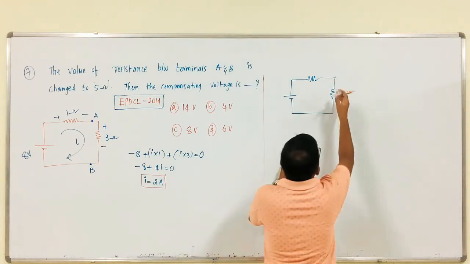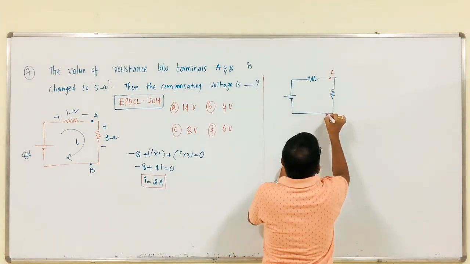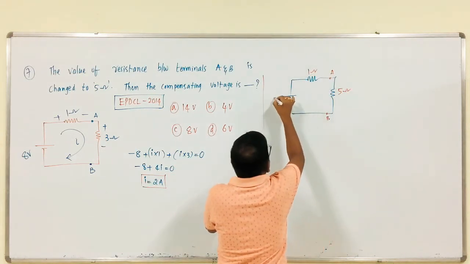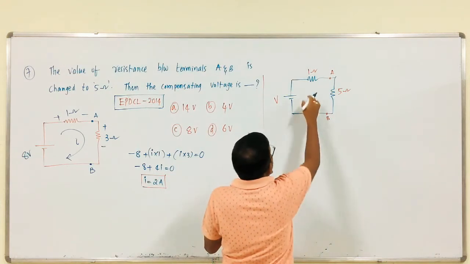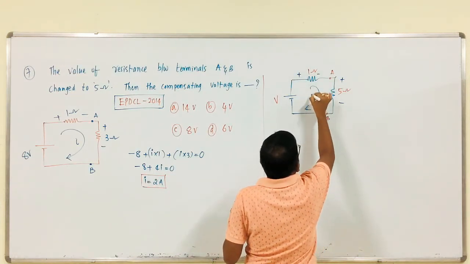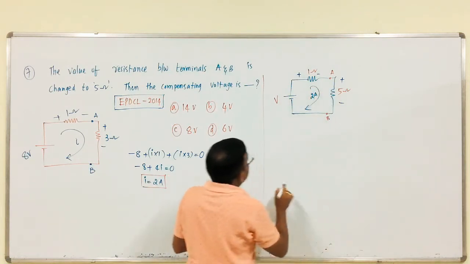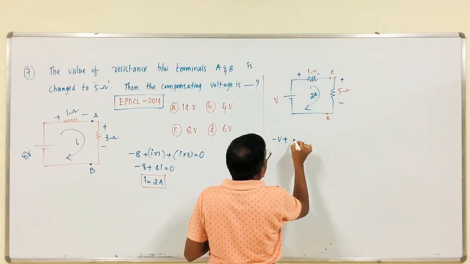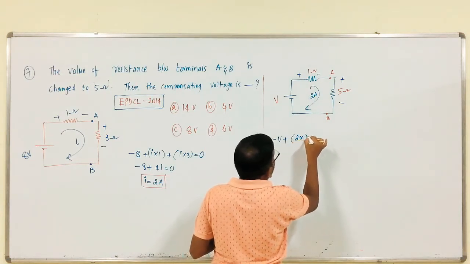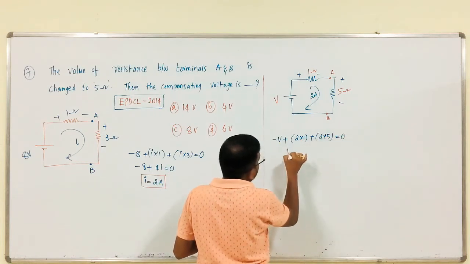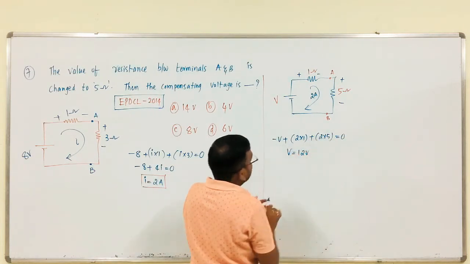So, between these two A and B, you have 5 ohms, you have 1 ohm, and this is V, which we do not know, but we know that the current is 2 amps. So, from this minus V plus 2 into 1 plus again 2 into 5, which is equals to 0. From this V is equals to what? 12 volts.